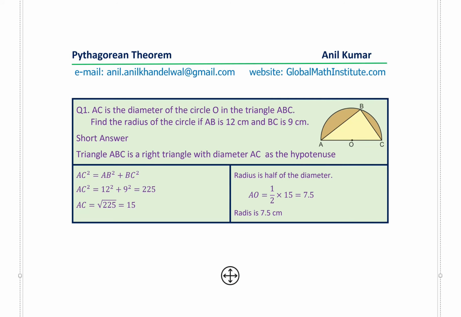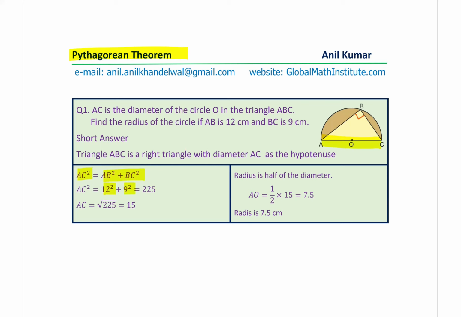The very first one is actually not so difficult. We figured out that always in a semicircle we have a right triangle, and therefore the two sides are related with the third. We can use the Pythagorean theorem, and we know here that the longest side is the diameter itself, and AC squared is AB squared plus BC squared.